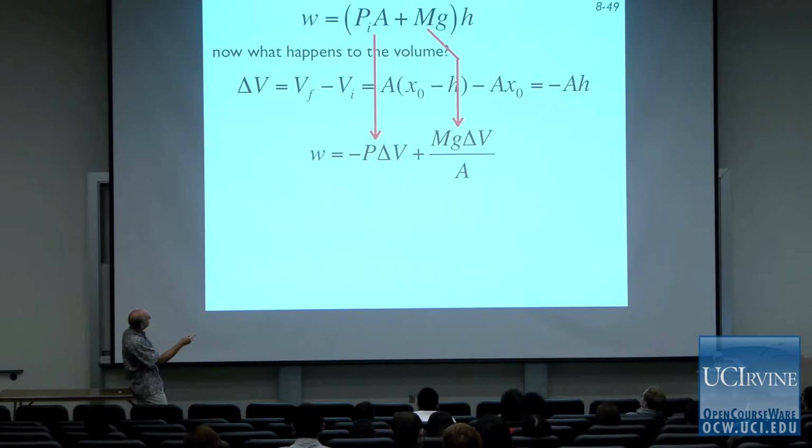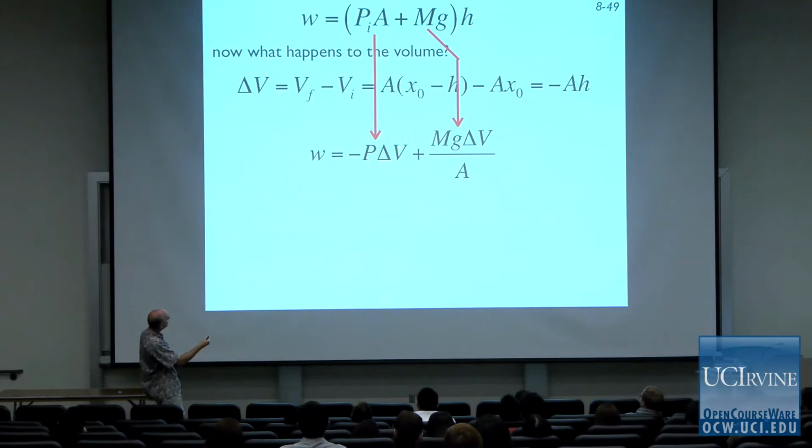Okay, so now if I take that, delta V equals minus Ah, I can make substitutions into this work expression up here. For example, A equals delta V over h. And so if I put delta V over h here, the h cancels, I get minus P delta V for that first term.